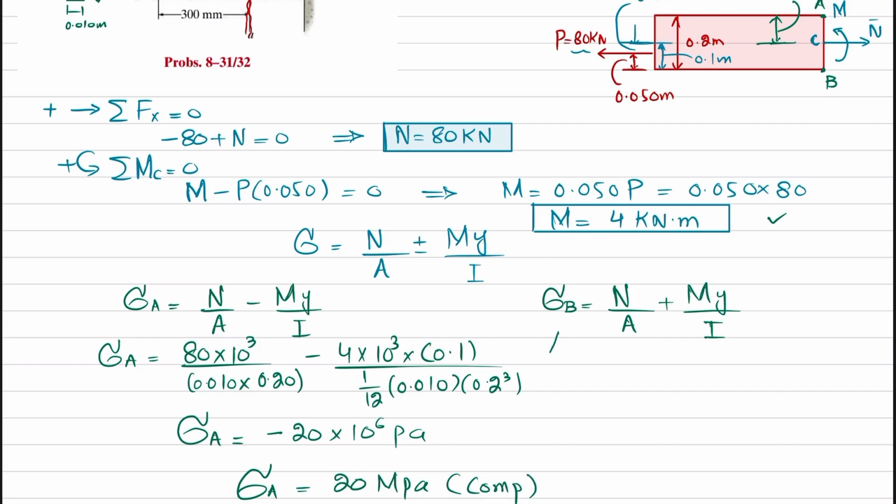Okay. For this portion, we know that stress at point B is equal to N divided by A. N is 80 into 10 raised to power 3 divided by same area, which is 0.010 into 0.2, plus moment, which is 4 kilonewton, so 4 into 10 raised to power 3.